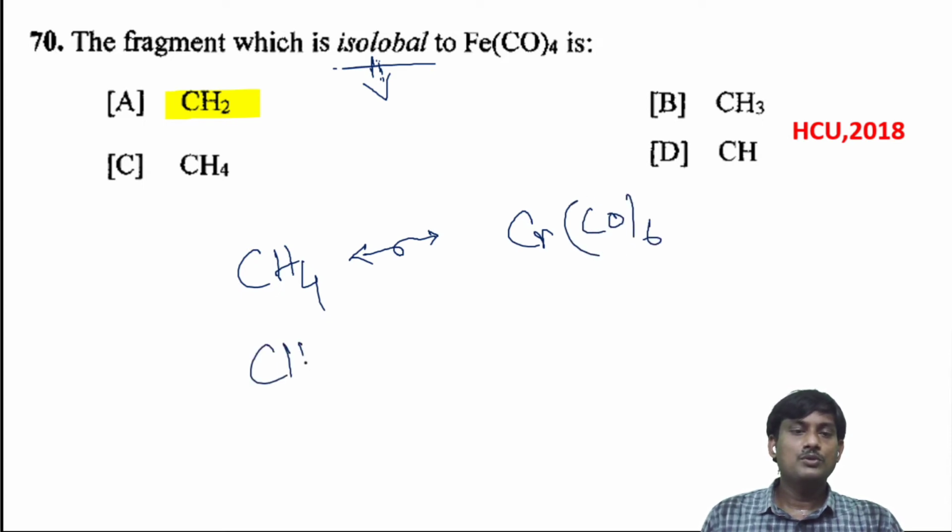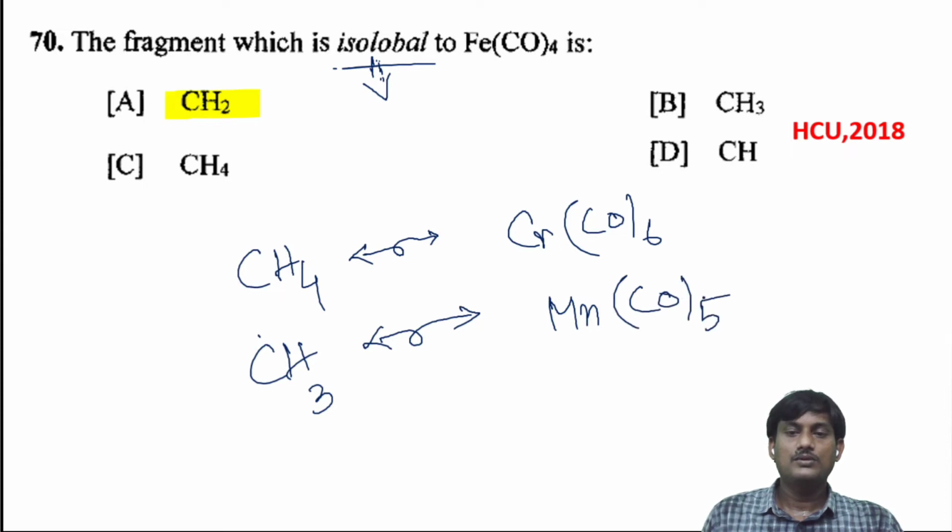If you remove one H, you will get CH3, the methyl free radical. Then this one is isolobal with Mn(CO)5. You have to decrease one CO, and there is an increase in atomic number.